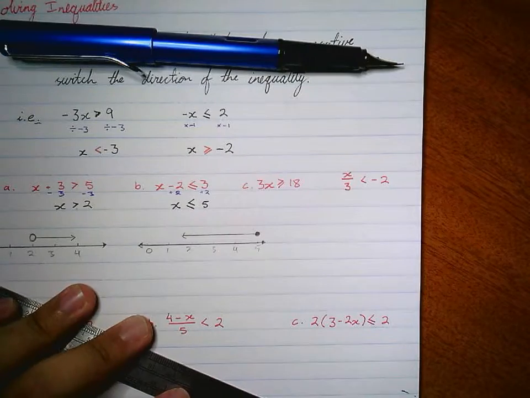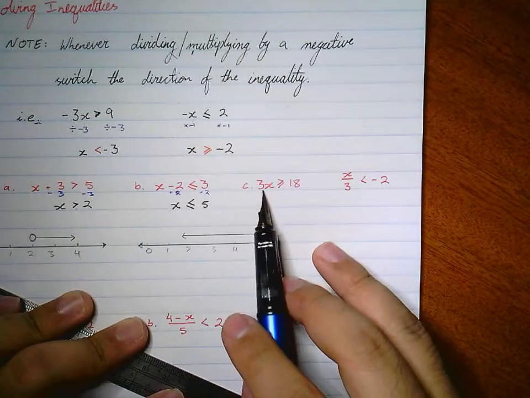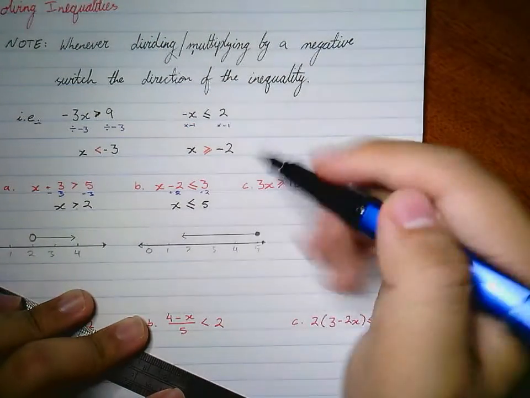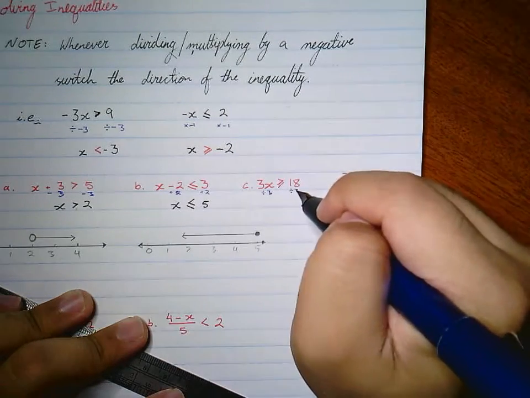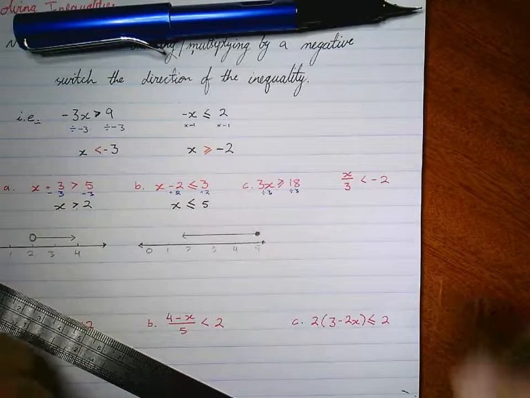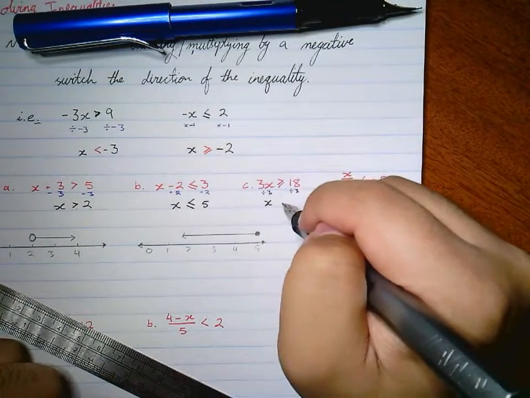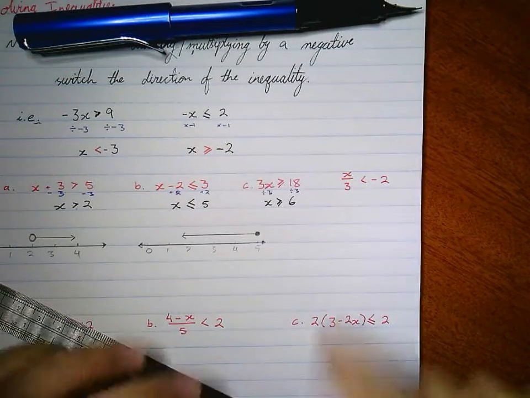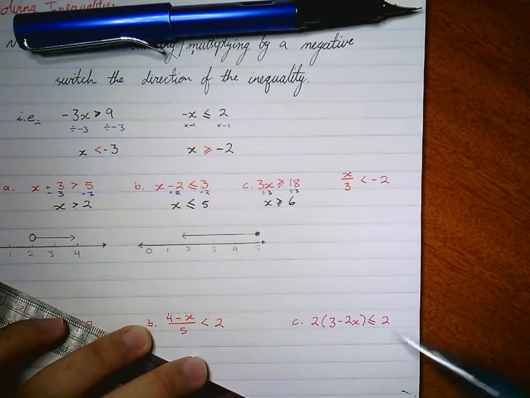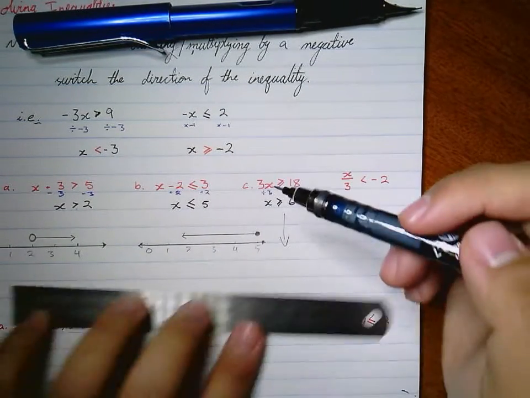Once again, we'll just keep on going here. This one here, it's 3 times x, so the inverse is dividing by 3, which will give me x is greater than or equal to 6. I'm going to drop down here below it. I'm just going to draw a little arrow to show my drawing.